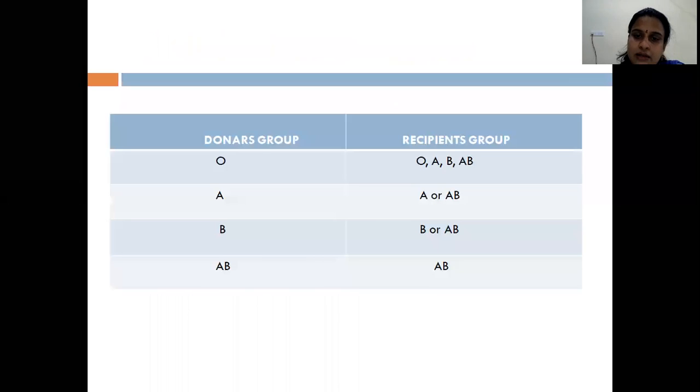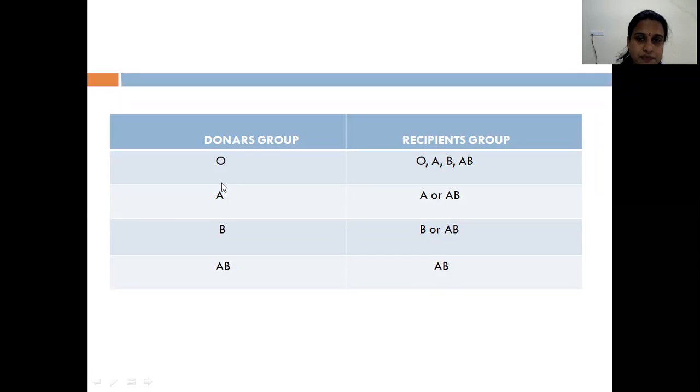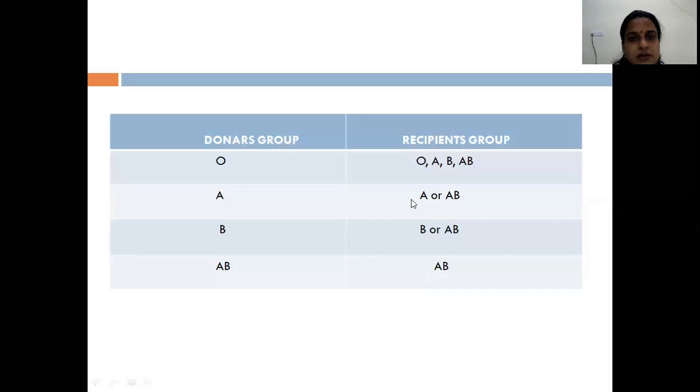So this particular table you all know. If the donor is O, the recipient can be of any group, O, A, B, or AB, because donor group O does not have any antigens on it. Similarly, donor group A should give to recipient group A or AB.